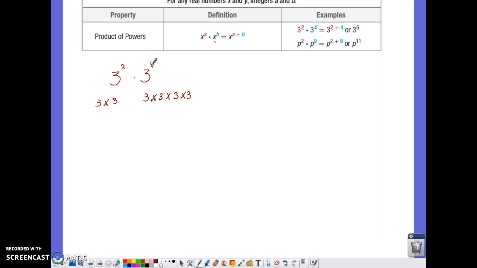So, looking at it, how many times is 3 multiplied by itself? 1, 2, 3, 4, 5, 6. Feel free to use it with any number to verify it.